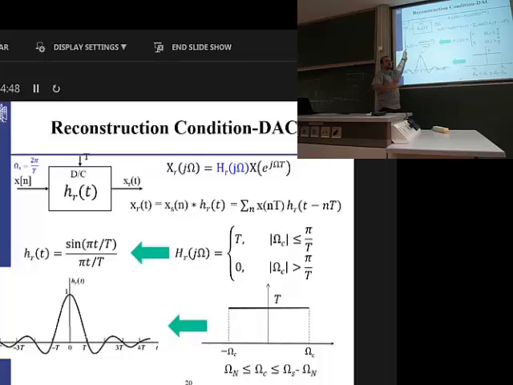If we do no processing, and just take the sampled version of the signal and want to recover it back to the time domain, what we need as a condition is that the signal be intact. I mean, the resulting analog signal should be completely the same as the input analog signal. So we need to use a kind of structure or filter here that gives me the reconstructed version xr(t), which is quite similar to the analog input signal.